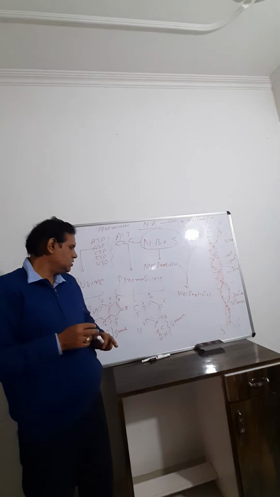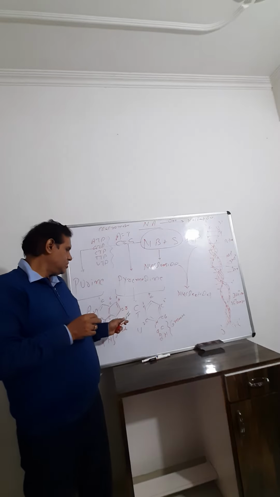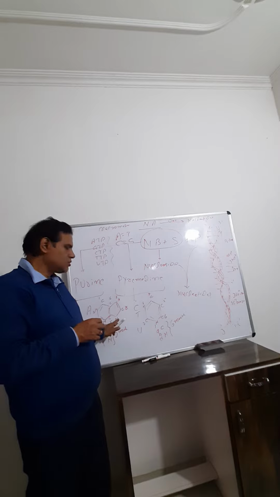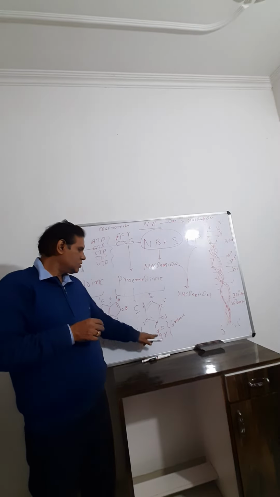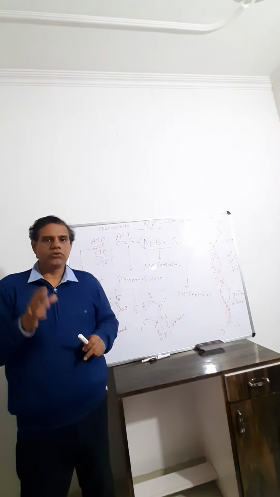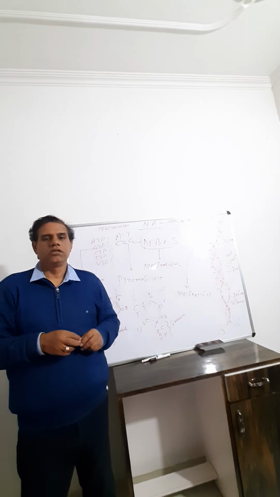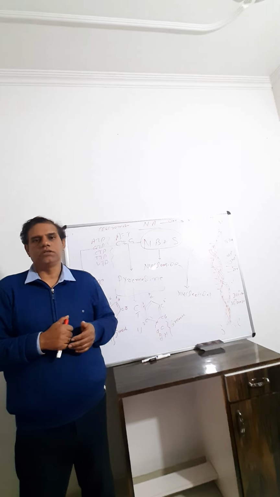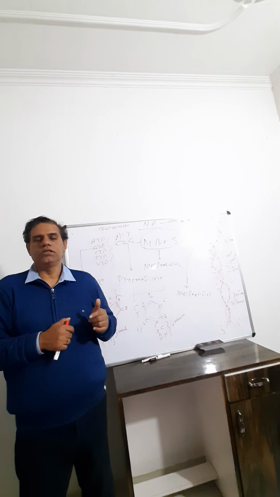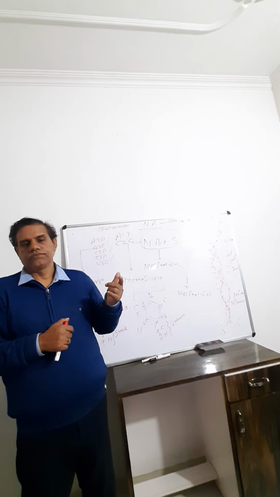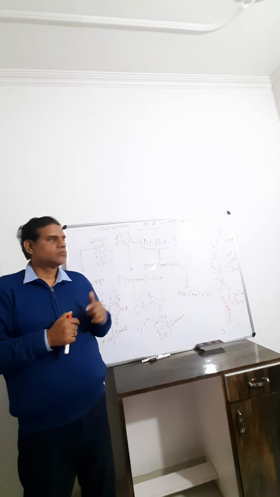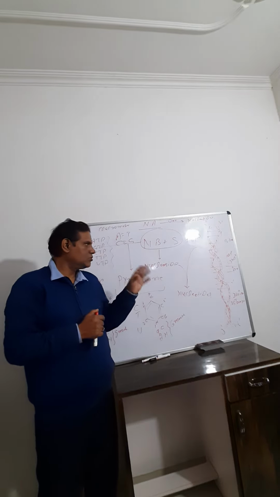Glycosidic bond is present between the purine or pyrimidine and sugar, such as N9-C1 glycosidic bond in purine and N1-C1 glycosidic bond in pyrimidine. And the third and most important bond is the phosphodiester bond. This phosphodiester bond is present between the nucleotides, because one phosphate combines with the sugar, or sugar combines with the phosphate. So 3 types of bond are present in DNA.